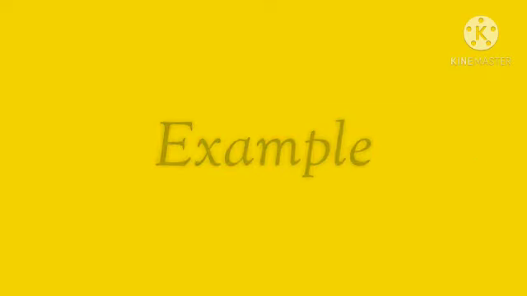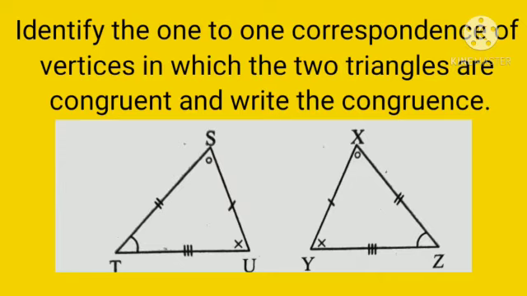Example: identify the one-to-one correspondence of vertices in which the two triangles are congruent and write the congruence.